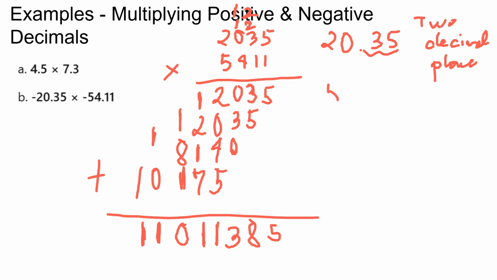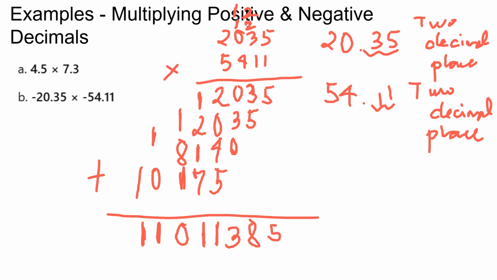How about for 54.11? It's the same. One, two. We have two decimal places for 54.11.